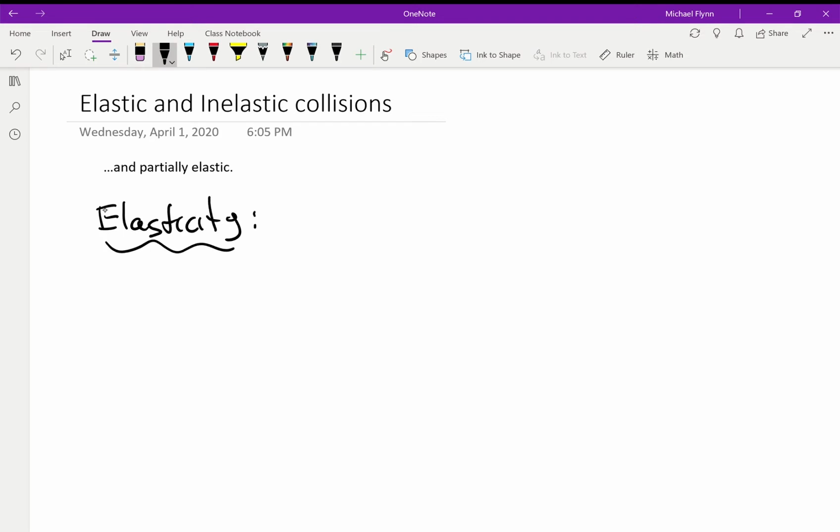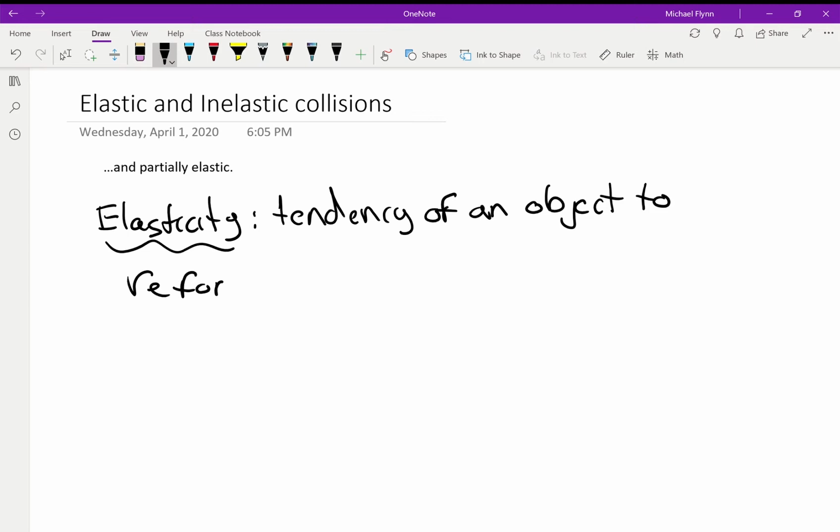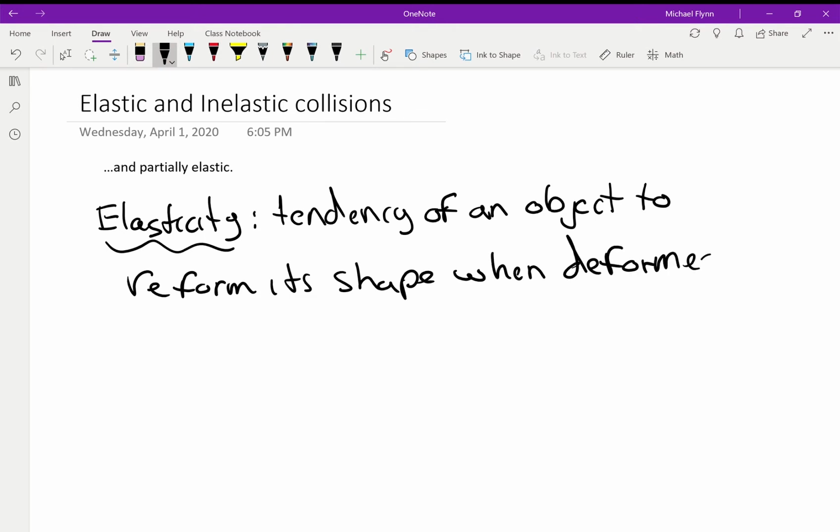Elasticity is the tendency of an object to reform its shape when deformed. Okay, so let me give you an example. A rubber ball. Is it elastic?